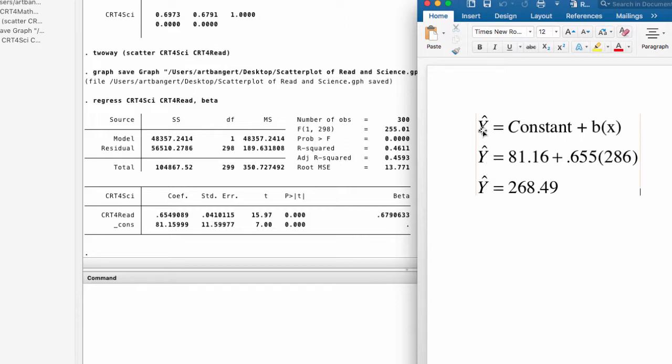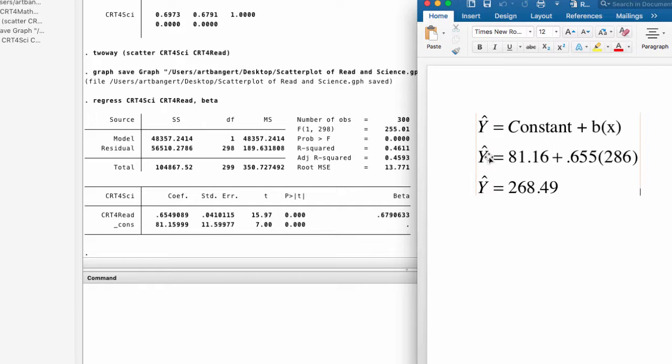So in this case, our regression equation is the predicted value of y is equal to the constant plus the beta coefficient times some value of x, or some value of the reading score.